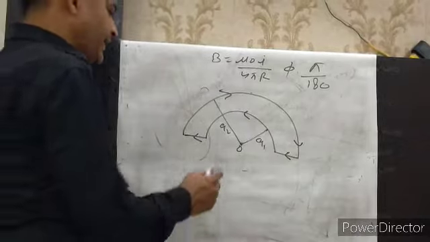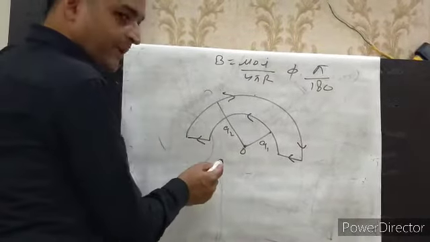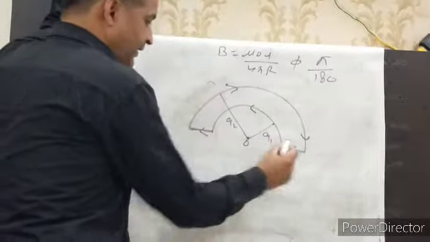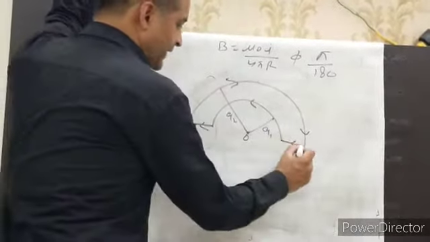Now you can see that the magnetic field will be due to this length of the wire, due to this length of the wire, due to this semicircle, and due to this semicircle. That means there are 4 magnetic fields. Then we will write B equals B1 plus B2 plus B3 plus B4.